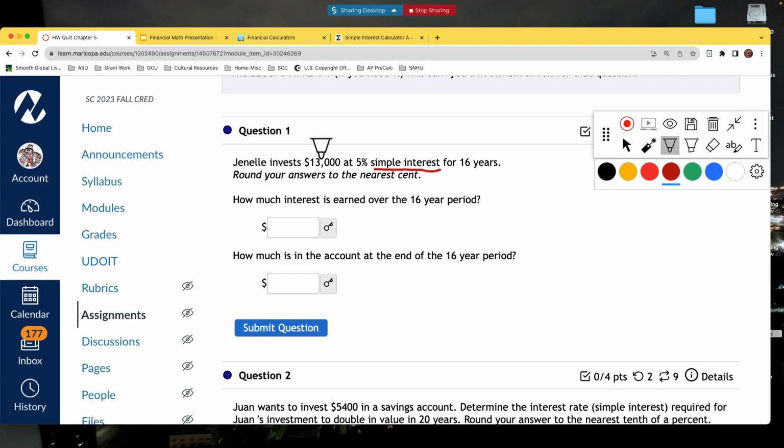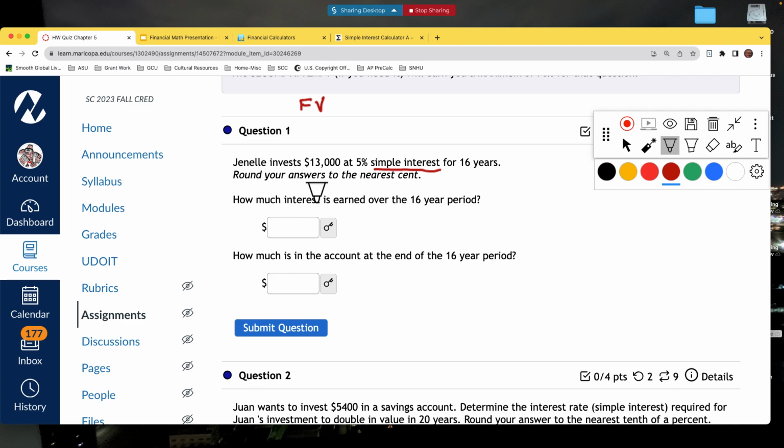So 13,000, what value is that? Is that future value, present value, or payment? We could think it's going out of her pocket, but since it's a single one, we want to call it a principal or a present value.